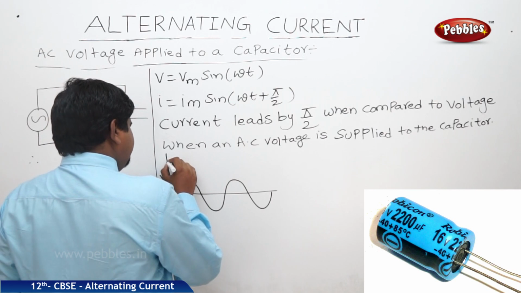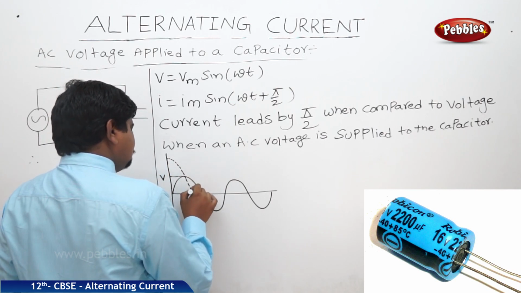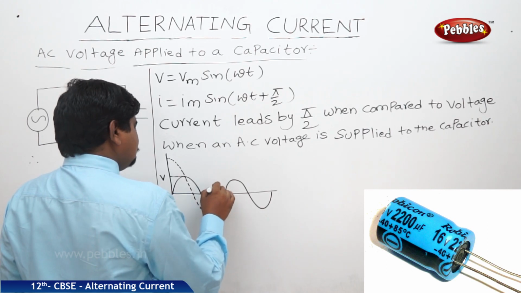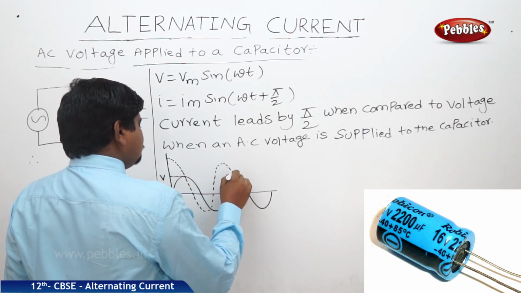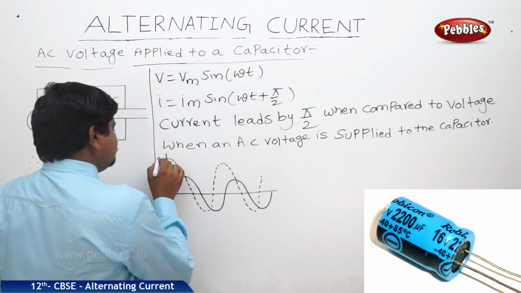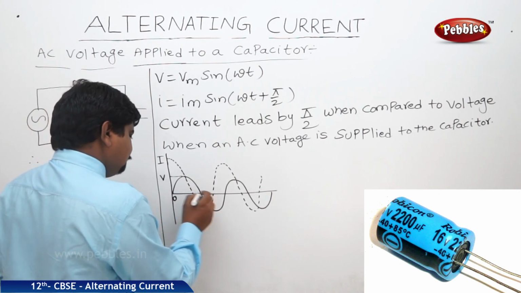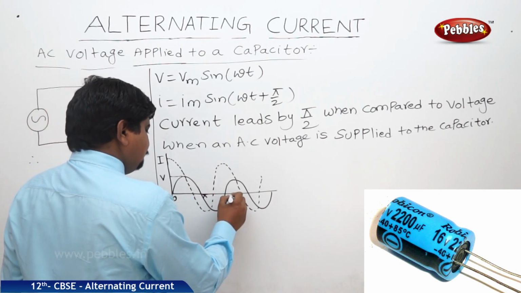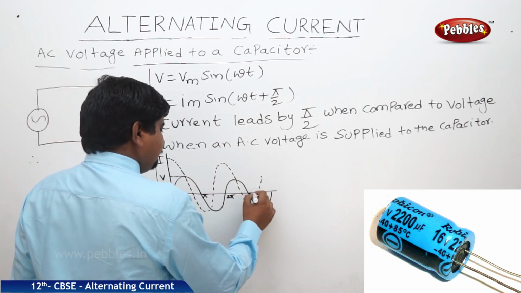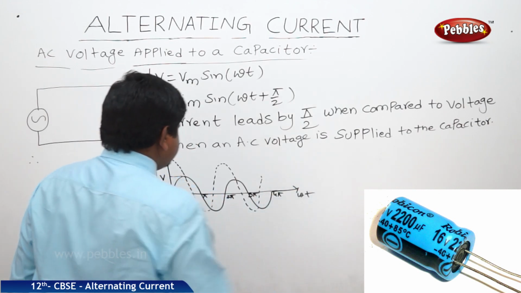Therefore, from here onwards we can write I. This is I. So it is 0, pi, 2 pi, 3 pi, 4 pi with omega t as the axis.